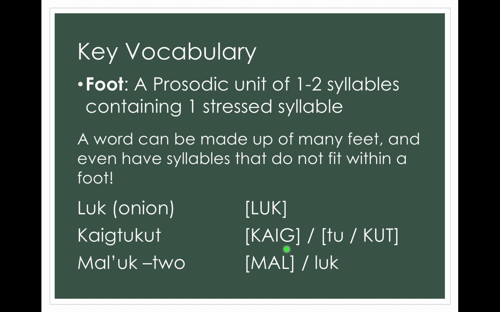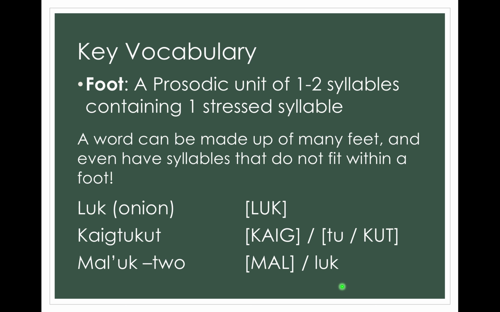So this first foot in brackets is a foot that has one syllable in it. That one syllable is stressed because every foot has a stressed syllable. And this foot has 2 syllables in it. The second syllable is stressed.